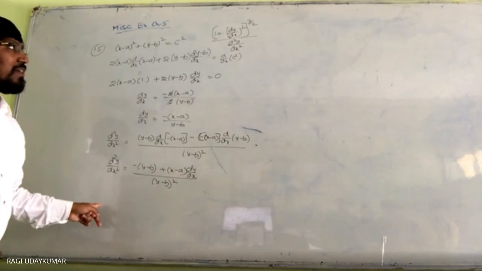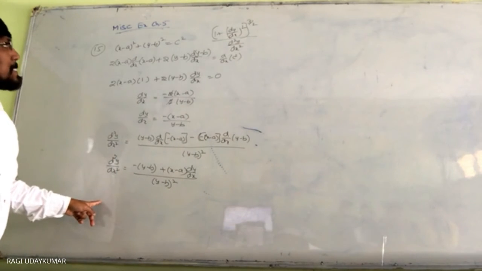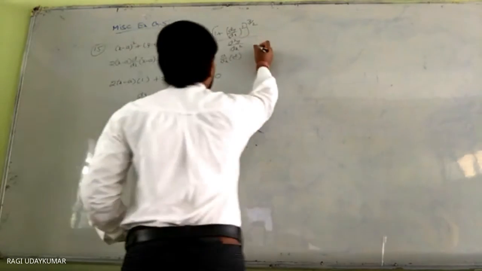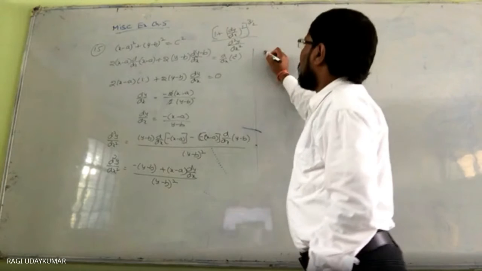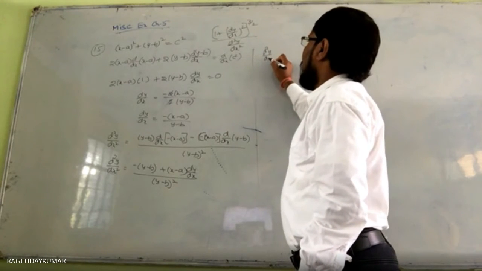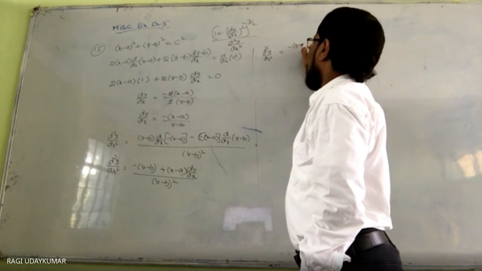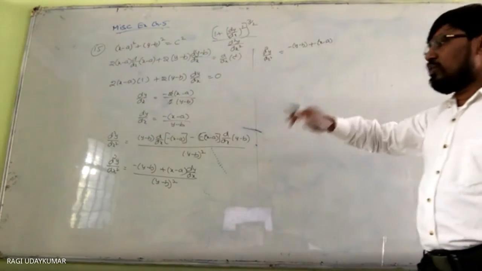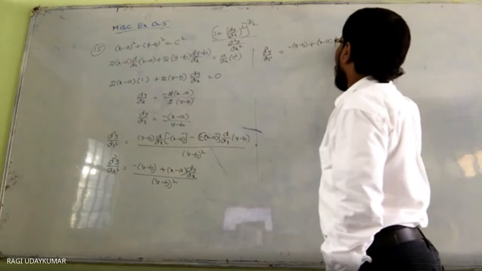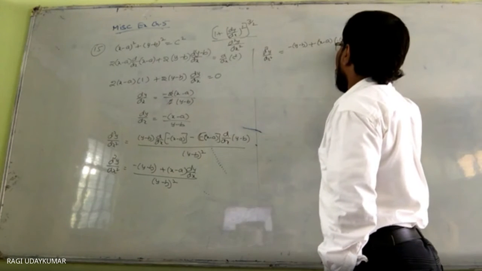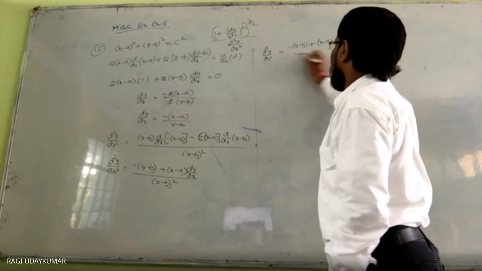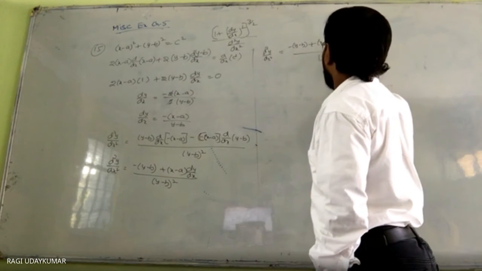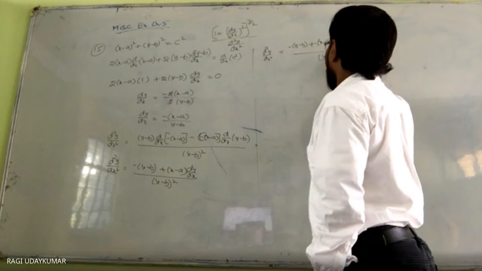So d square y by dx square is equals to minus of (y minus b) plus (x minus a) into dy by dx, which is minus of (x minus a) by (y minus b), over (y minus b) whole square.